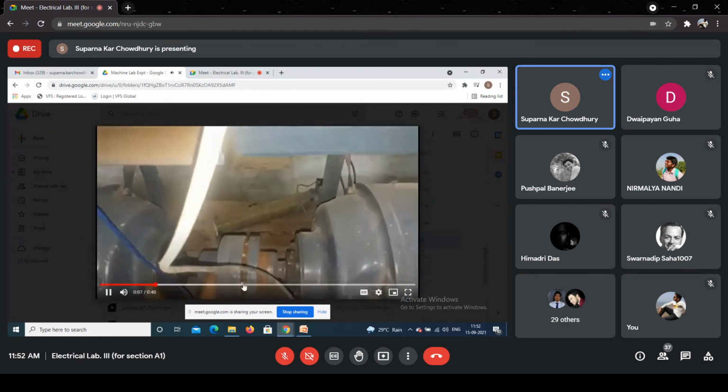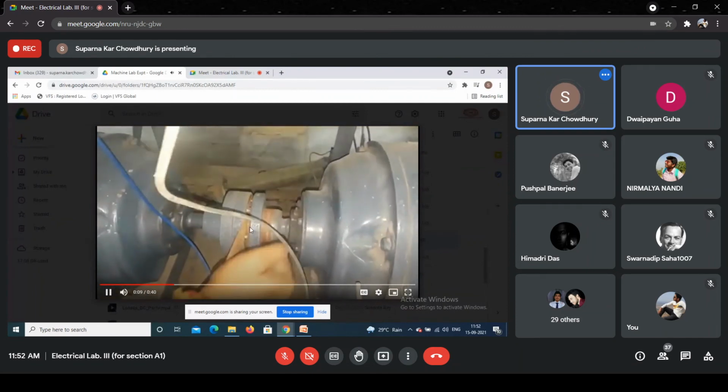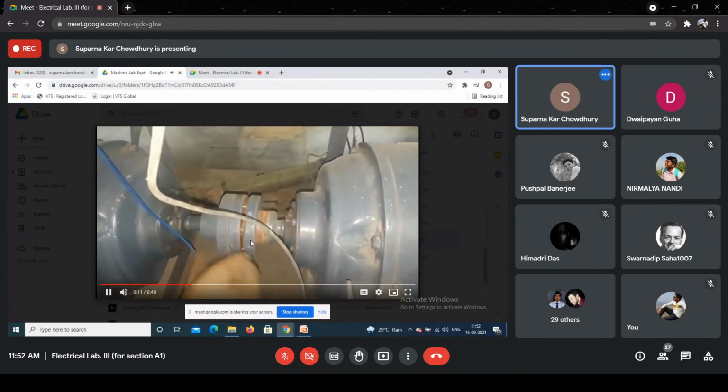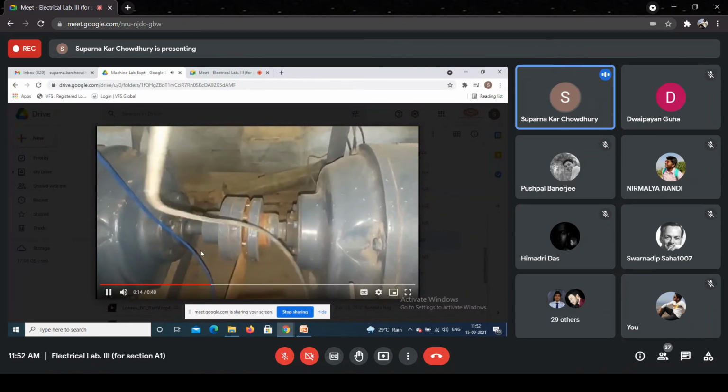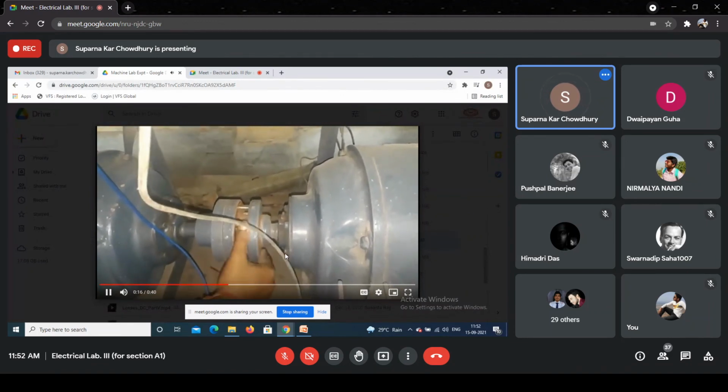And this is how they uncouple. This is the coupling, so they uncouple. Now, under this condition, if you run, only the motor will rotate, not the generator.